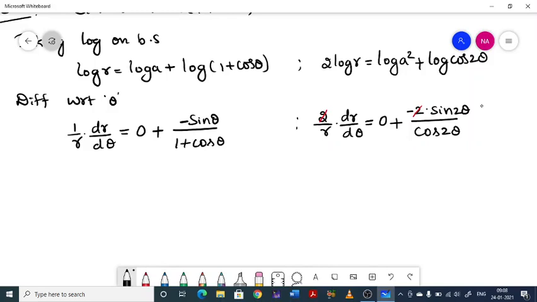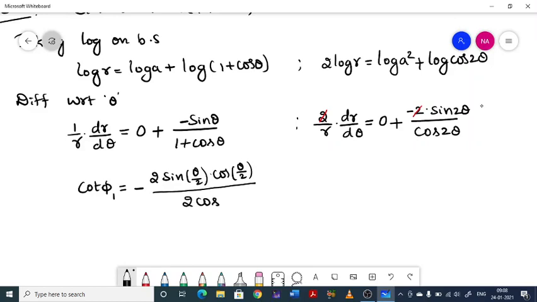Now this side you will be getting cot phi 1 equal to minus sin theta, that can be written as 2 sin of theta by 2 into cos of theta by 2 divided by 1 plus cos theta can be written as 2 cos square of theta by 2.